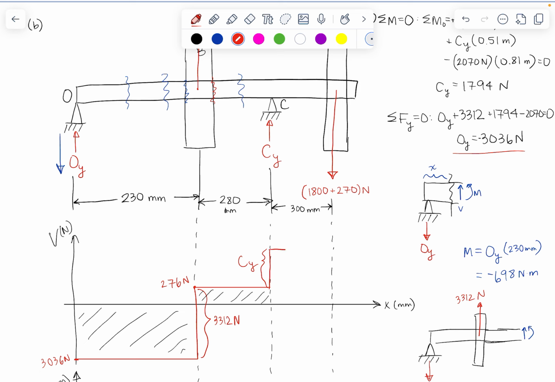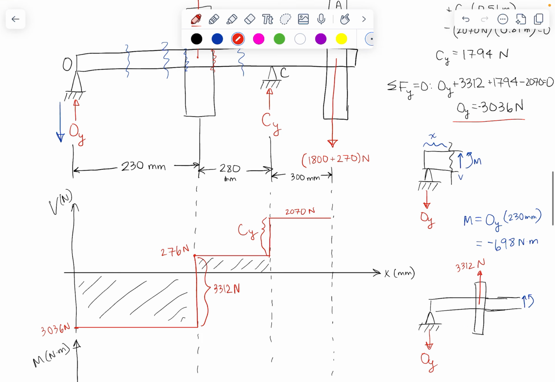We're now at 2070 newtons. And look at that, how nice is it that that works out exactly to the applied load at bearing A? Well, that is very nice. It's also a requirement that those two numbers work out to be the same thing for equilibrium. So our shear force diagram is done.